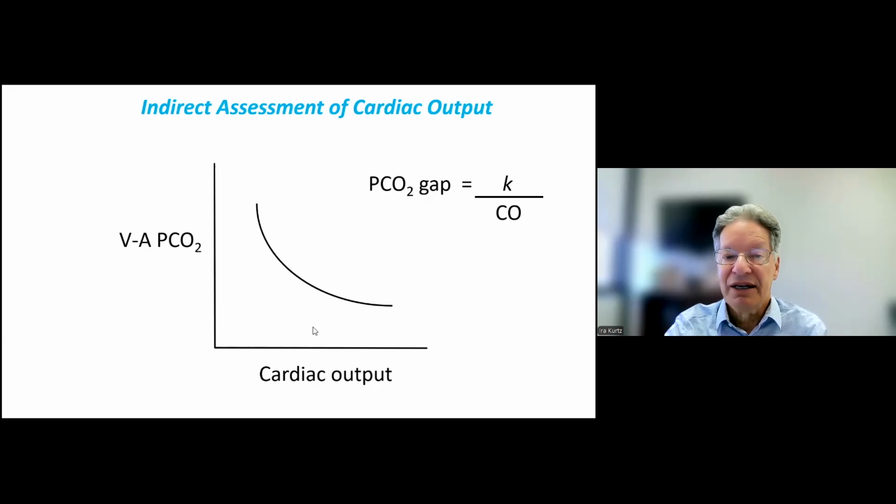And if it's much different than 3, let's say it's 6, 7, 8, that really suggests you have a lower cardiac output in your patient than you should have. So it's a nice little trick you can do at the bedside, although we typically only get one type of blood, either venous or arterial, not usually both.